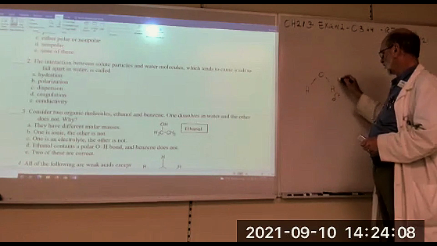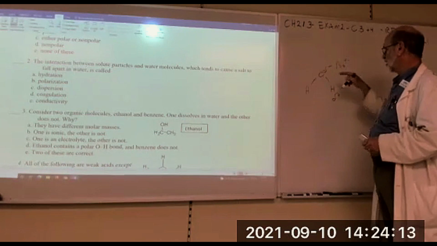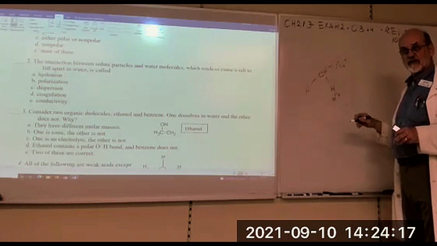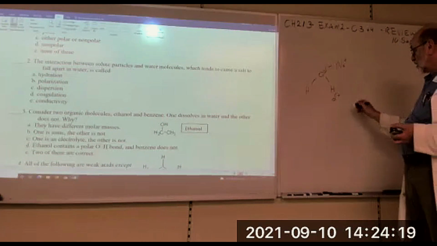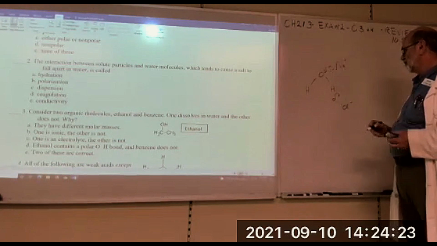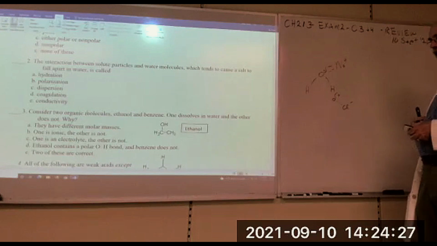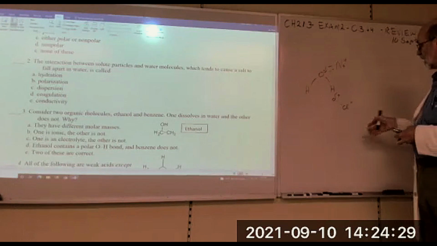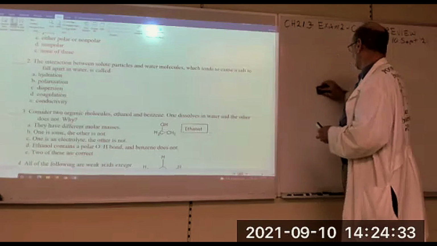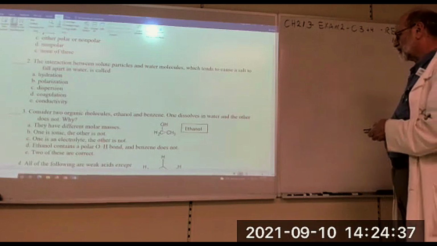Right here, the oxygen end. But it's still called hydration, whether it's that or the chloride would end up over here. There's still hydration where you're adding water, that interaction. Let's see.